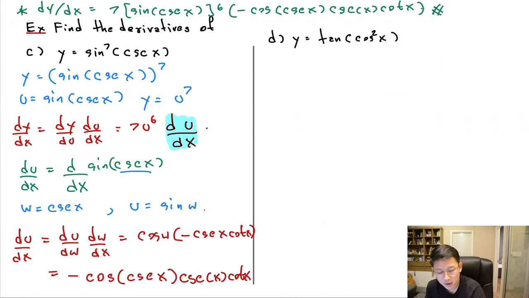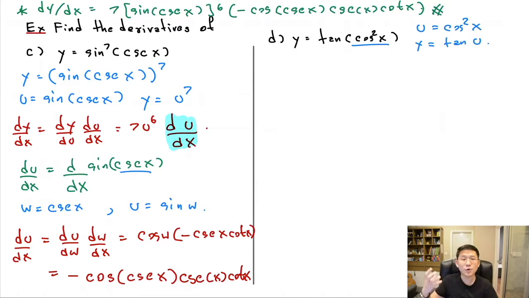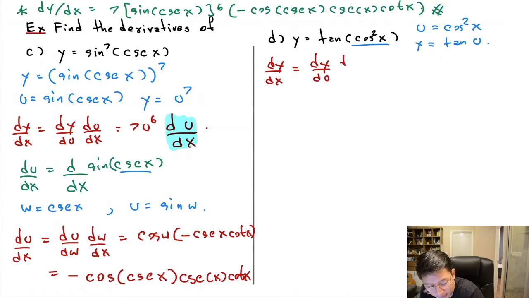But if we let this be u, so basically we let u be cos squared x, so y is just tan of u, and we know how to differentiate tan, right? So we know that dy by dx is dy by du times du by dx.